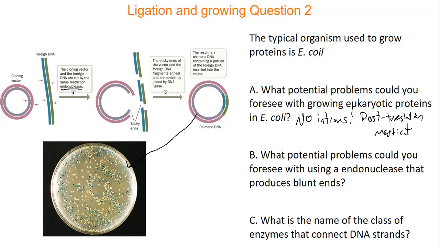Prokaryotes never do that. And so when you're growing a protein inside of a prokaryote, you have to be aware that it's not going to be glycosylated. So those are two big problems. Another one, inclusion bodies.